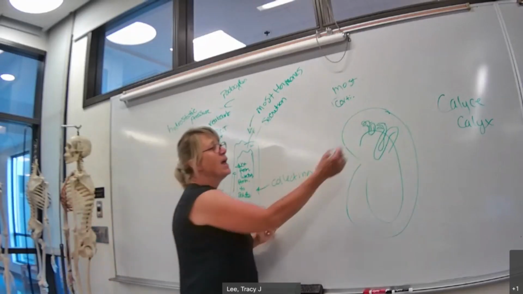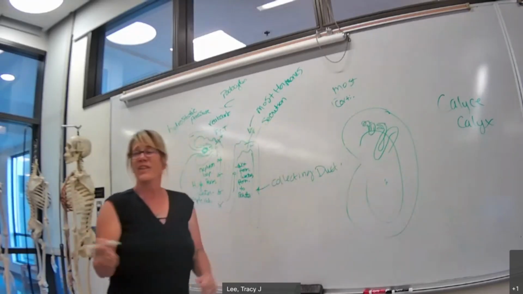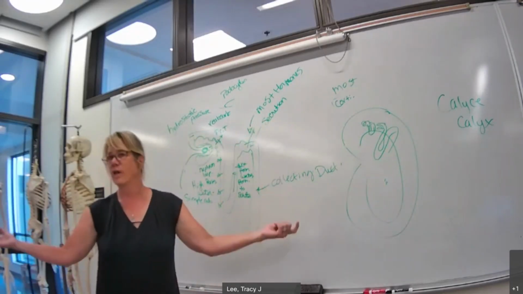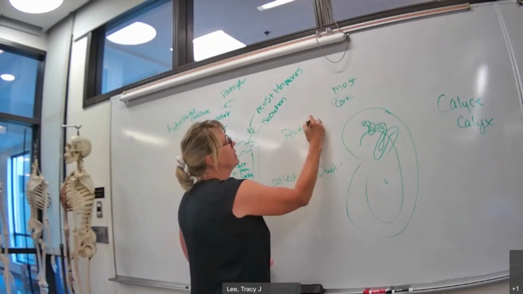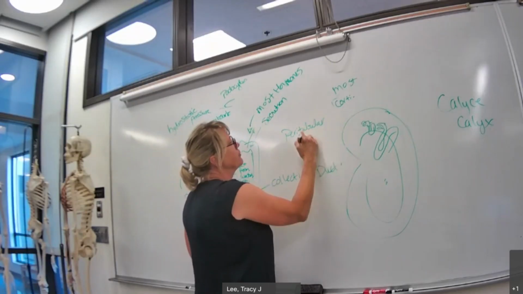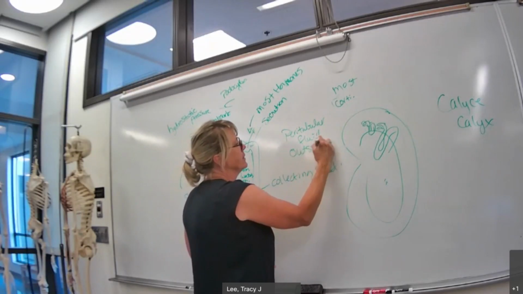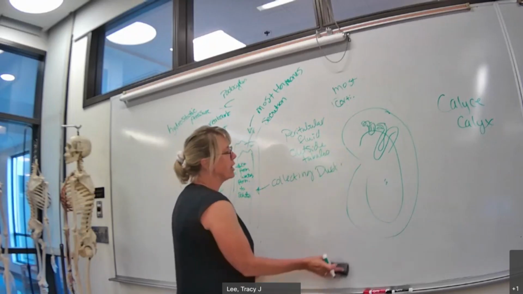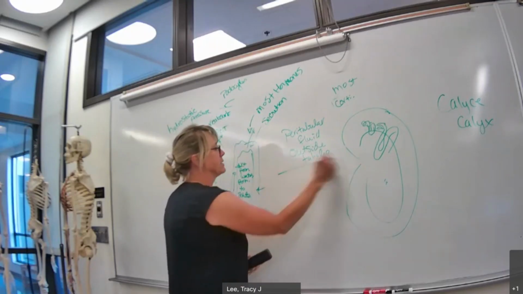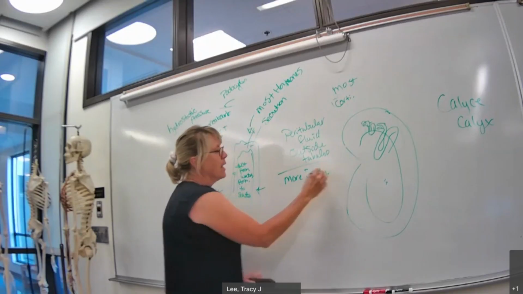But here's the rule of thumb. The deeper I go towards the medulla, the saltier my outside fluid is going to get. We call that peritubular fluid, the fluid outside my nephron tubules. The closer I get to the medulla, the more salty it is.